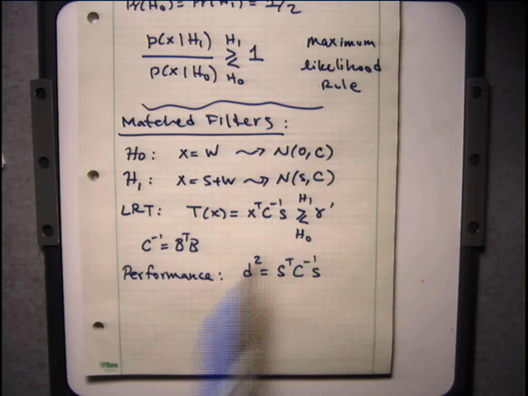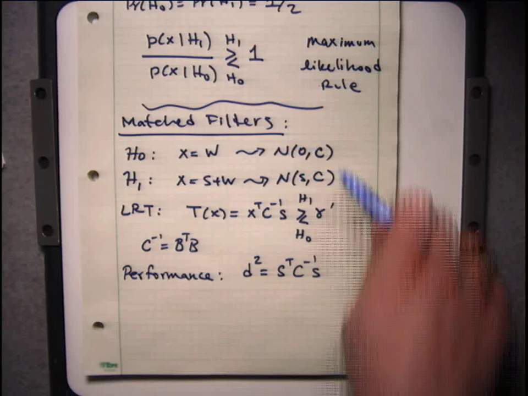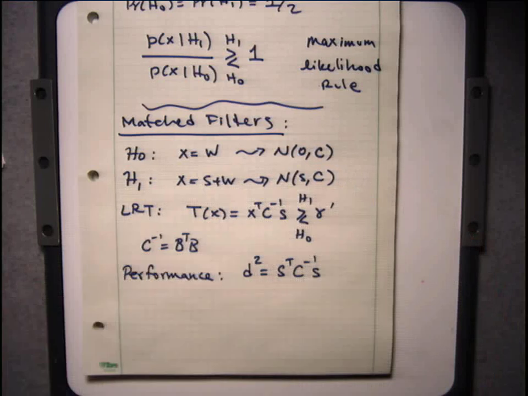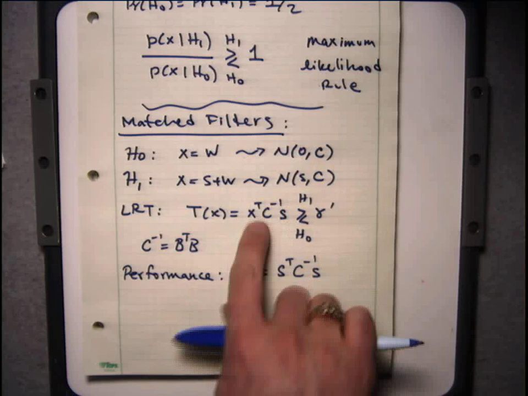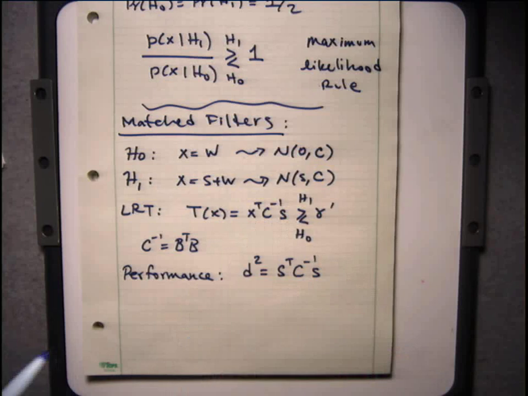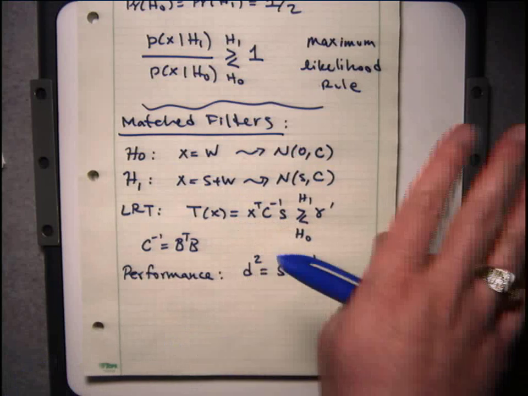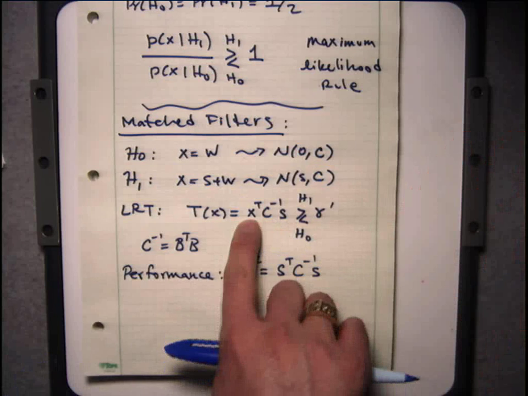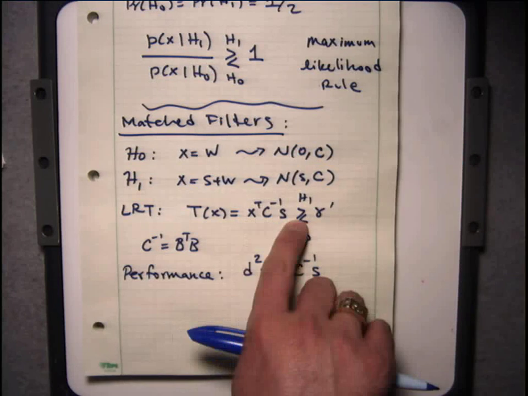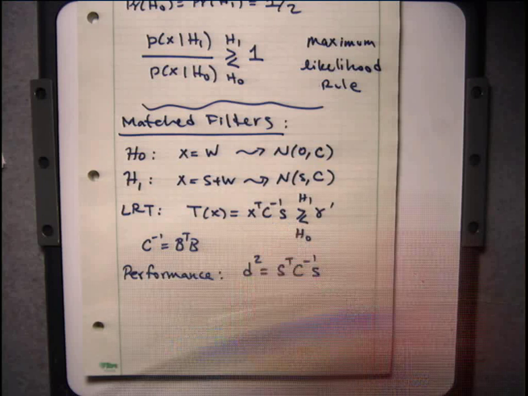But we also said that even if you don't have the Gaussian noise, if you define your optimality criterion to be the output signal to noise ratio, regardless of what distributions you have here, if you maximize the output signal to noise ratio, you still get an expression that looks like this. Okay. What's nice about this is that it's a linear detector. In other words, it's a linear function of the data. If we just think of C inverse S as just another vector, all you're doing is you're computing the inner product of X transpose with a vector. Okay, so computationally it's very, very easy to do.